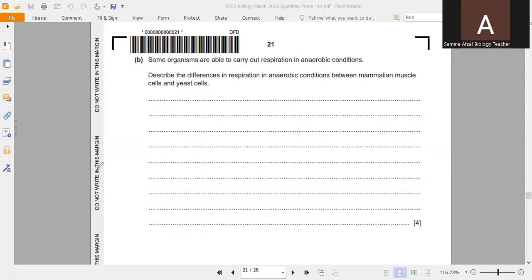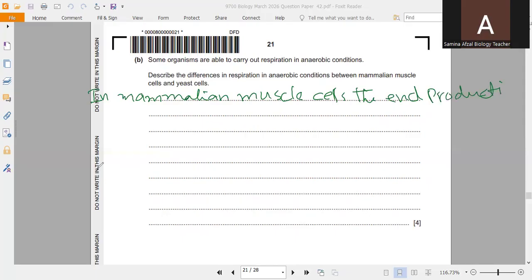First of all, I would like to compare both of these processes. In the mammalian muscle cells, the end product is lactic acid or lactate.